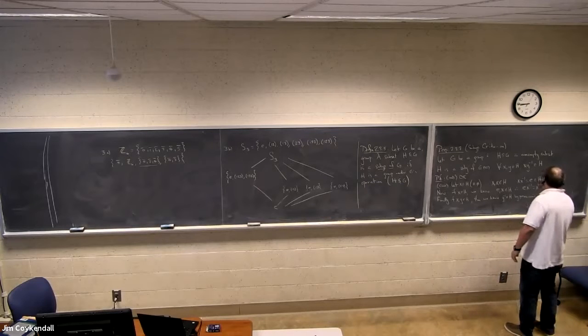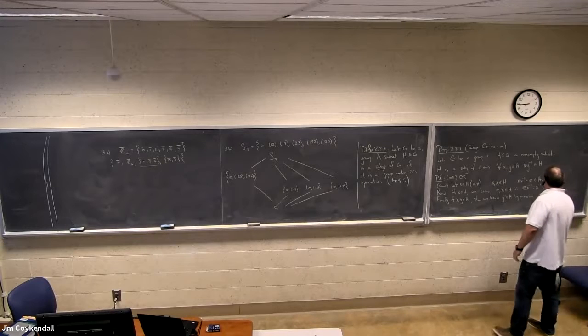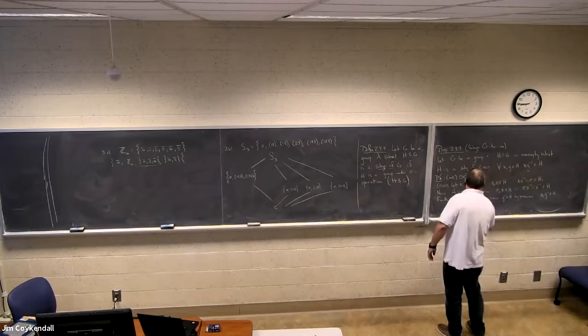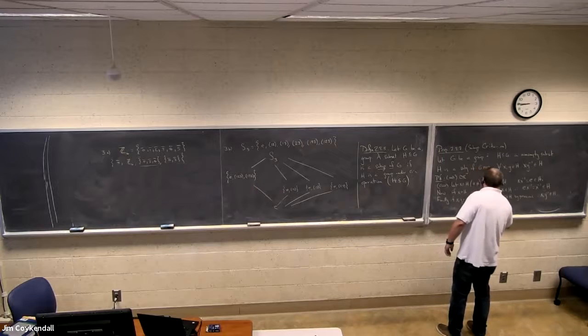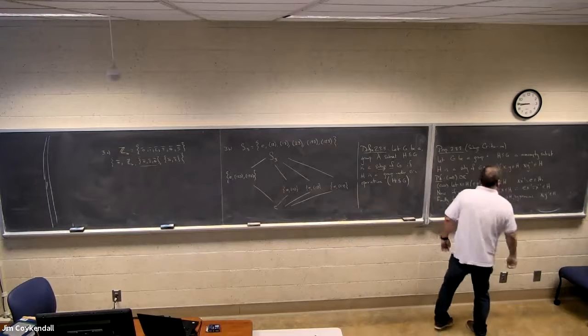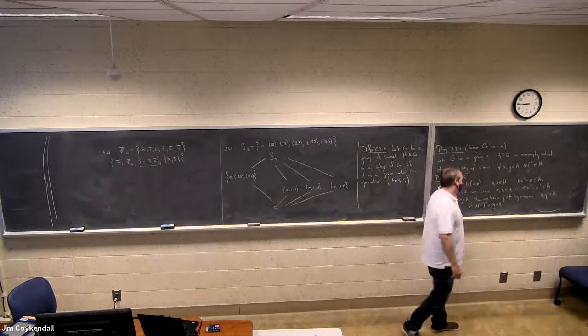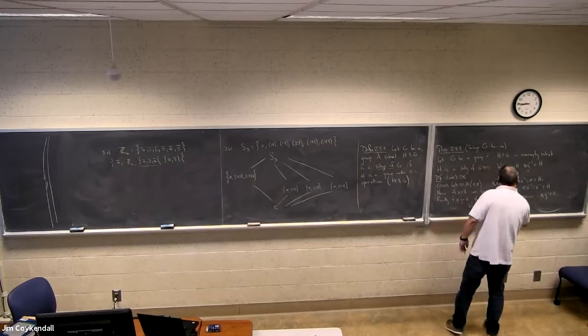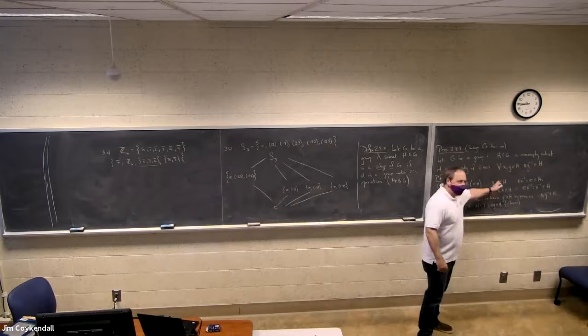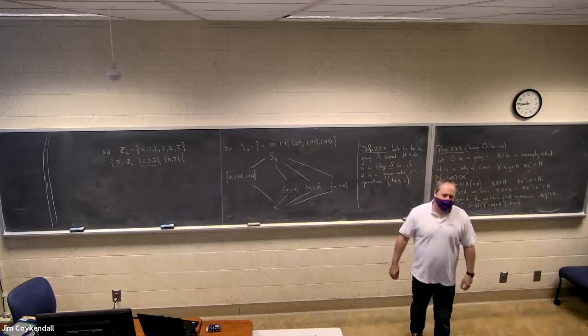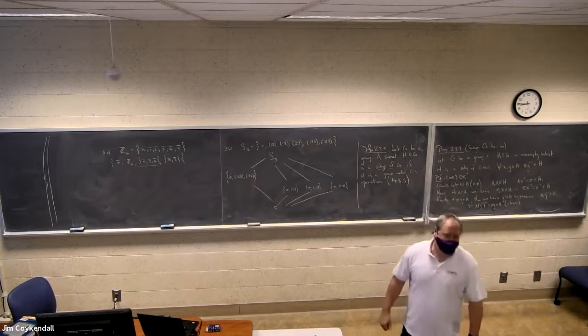Therefore, X and Y inverse are in H, so X (Y inverse) inverse, which is X Y. So we now have closure. So we've got products, inverses, identity. We're good to go. The only thing we're missing is associativity.